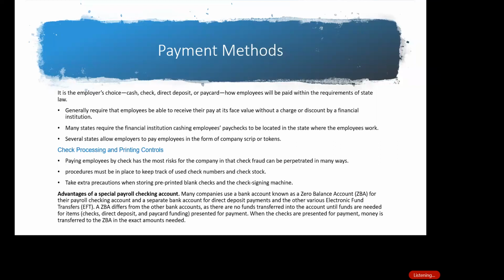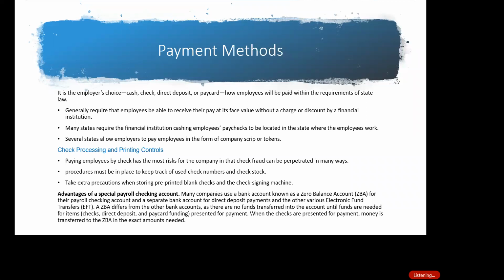So many companies have checking accounts for payroll only. So sometimes they're called zero balance accounts. And as checks clear the bank, so it could be one check for $100, the bank has a situation set up where only $100 will go into that account to clear that check.